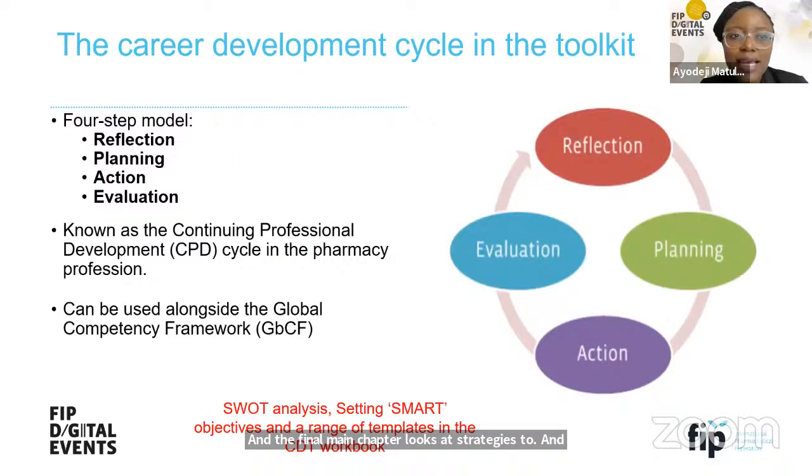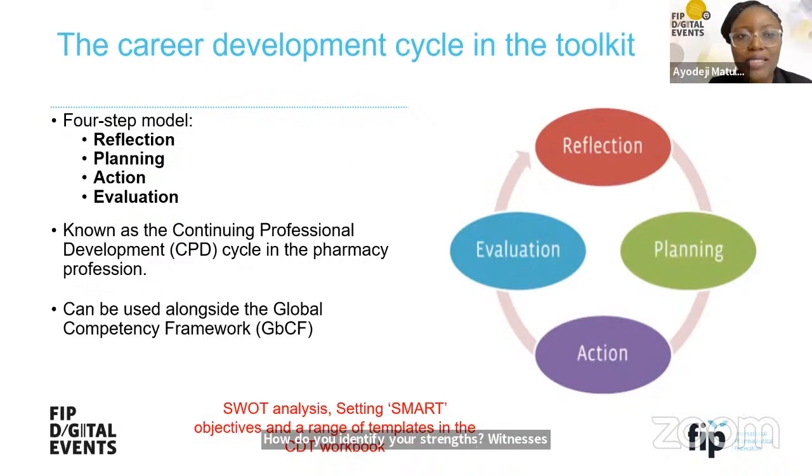I just wanted to highlight again the career development cycle that we used in the toolkit. We have a lot of templates in the appendix of the toolkit, and we created the appendix as a separate workbook. It helps guide people. How do you do reflection? How do you do a SWOT analysis? How do you identify your strengths, weaknesses, opportunities, and threats? And how do you plan?